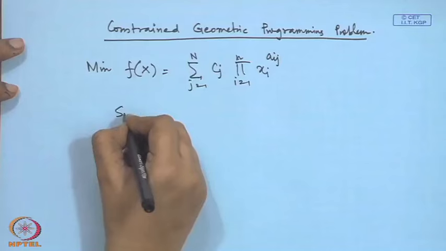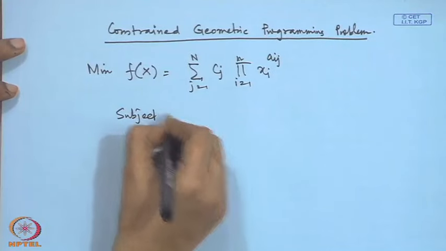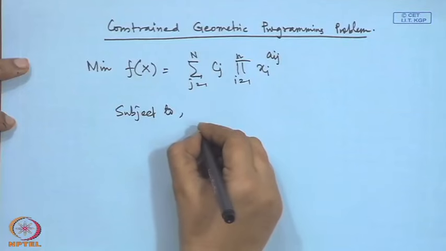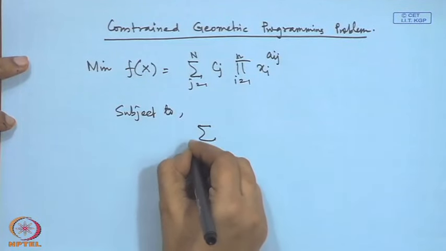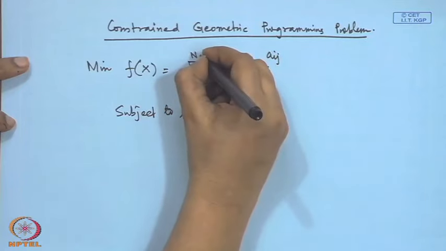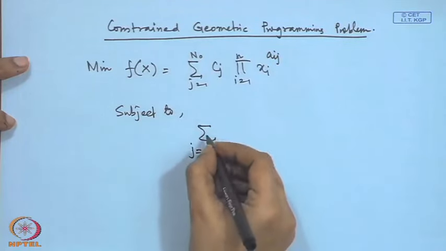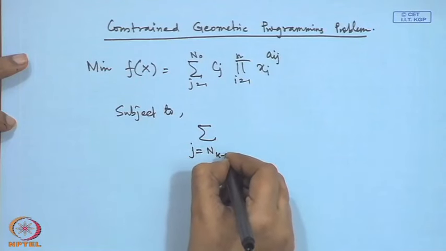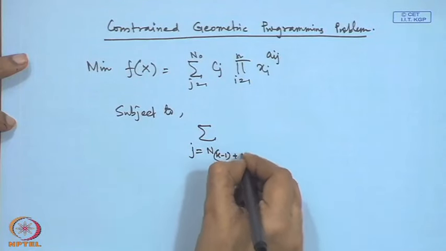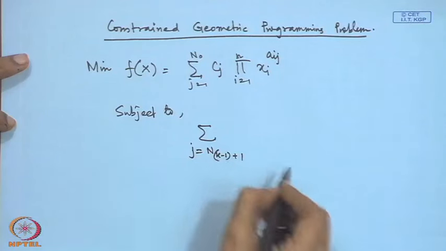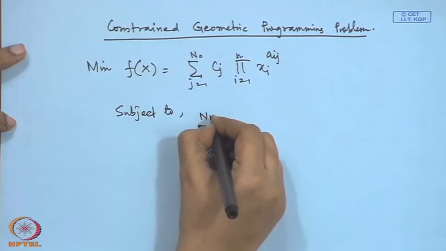and we have the set of constraints, that is, j is equal to, let me consider this as n0, because instead of, let me consider n_{k-1} plus 1, so that it starts from n0 plus 1, that is n1, and we will end at nk.